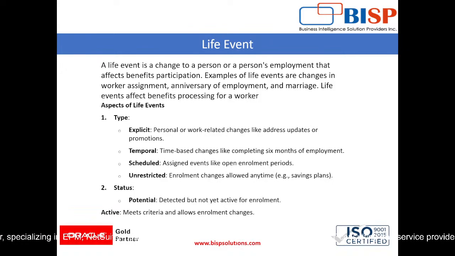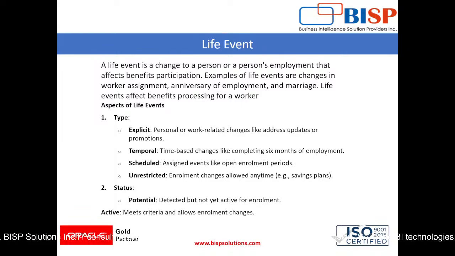After this, you have life event, for example when you got married. That will be a life event, and there are four types of life event: explicit, temporal, third is scheduled, and fourth is unrestricted.